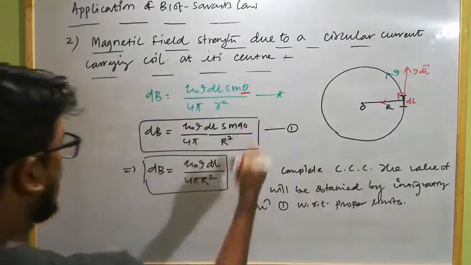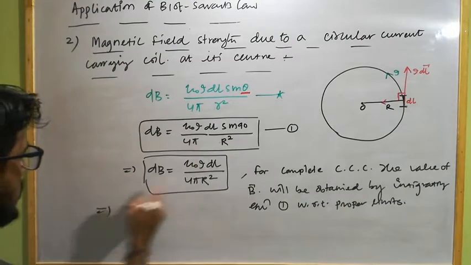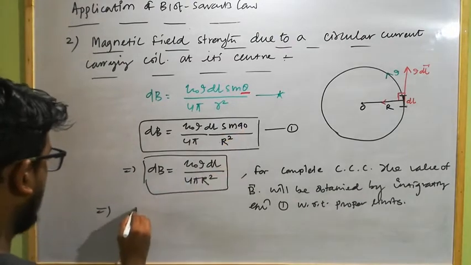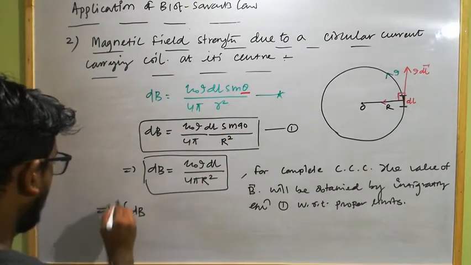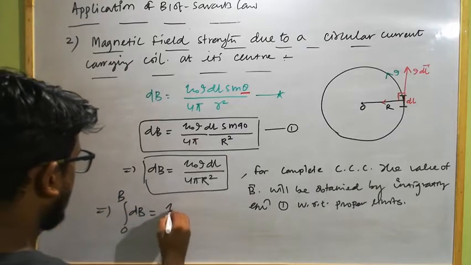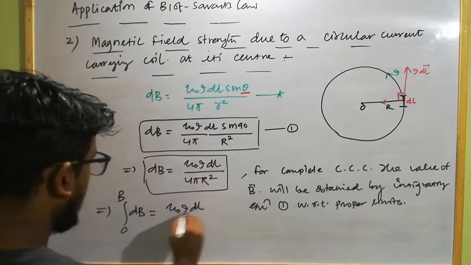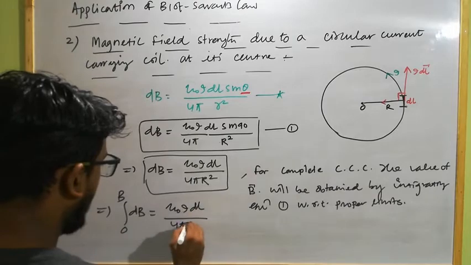So we have to integrate this one, and since sine 90 is 1, the integration of dB from 0 to B will be mu naught I dl divided by 4 pi R square.